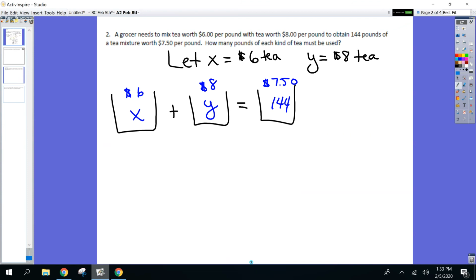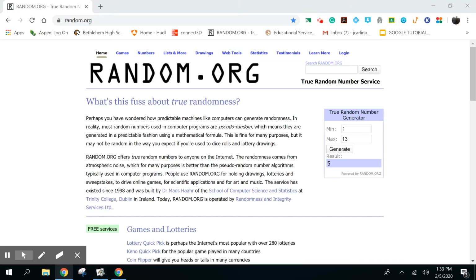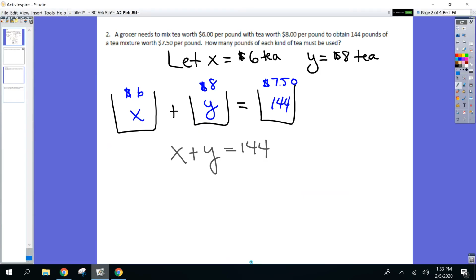X plus Y equals 144, one equation. Yep. Money stays with money. What's the second equation we're going to have to work with too? 6X plus 8Y equals.